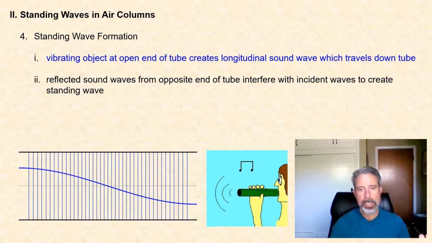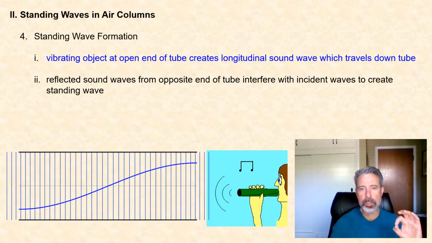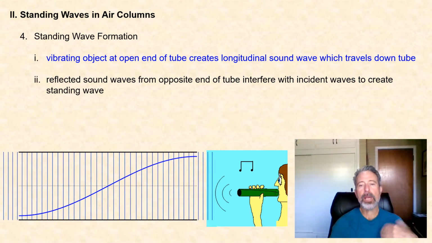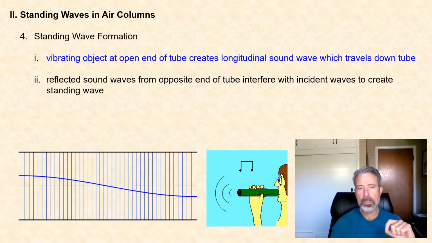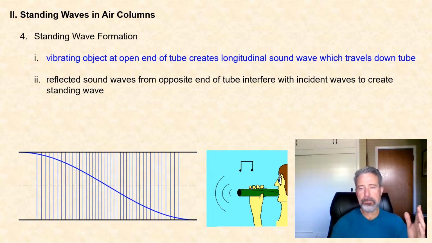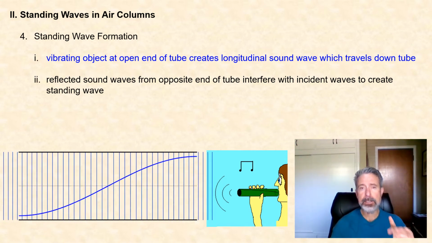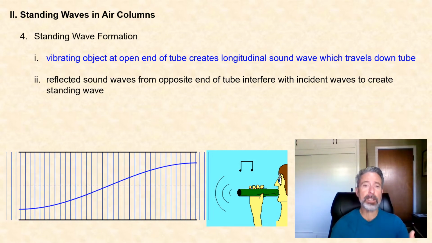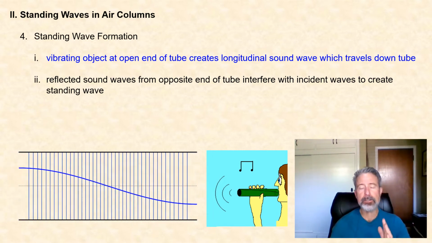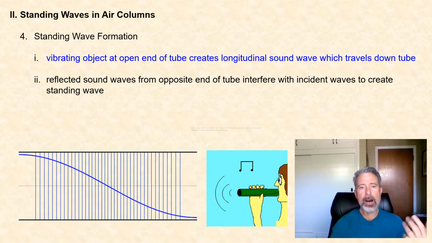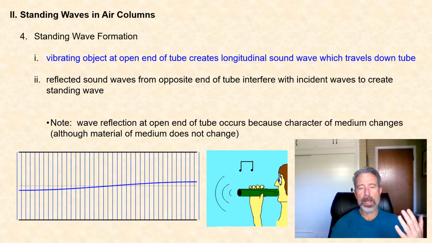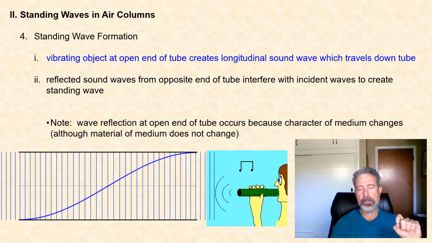And just as in the case for strings, for certain frequencies, a standing wave will be produced. Now, I think it's pretty clear if you have a closed tube instrument, when that wave gets to the end of the tube, there's going to be a reflected wave because there's a clear definitive boundary. But how do you get a reflected wave in the case of an open tubed instrument?